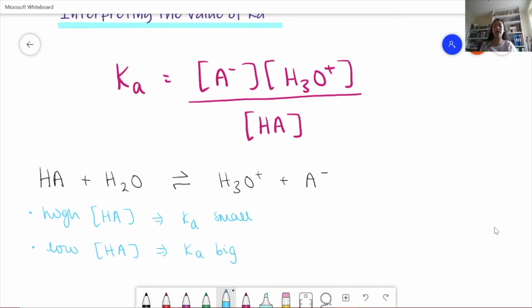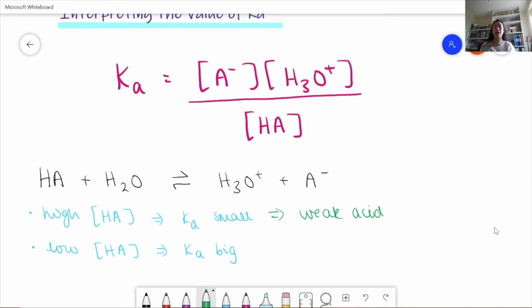And so now let's look at the equation that we have. So in the first scenario where we have a big HA, that means that the acid hasn't dissociated that much because it hasn't been able to give loads of protons away. And so that means that when the Ka is small, we have a weak acid.